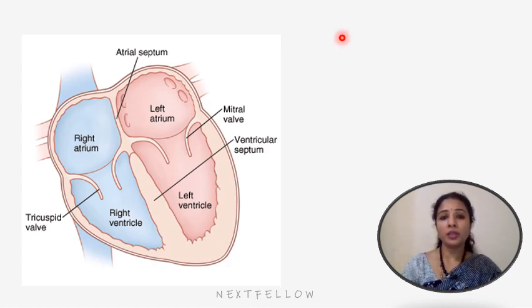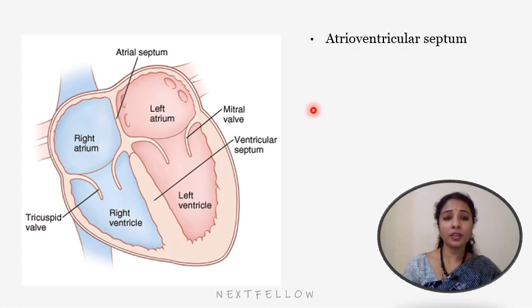So these septa are like the atrioventricular septum, which separates the atria from the ventricles. The atrioventricular septum has two openings, one on each side, which are guarded by the tricuspid and mitral valve or bicuspid valve.